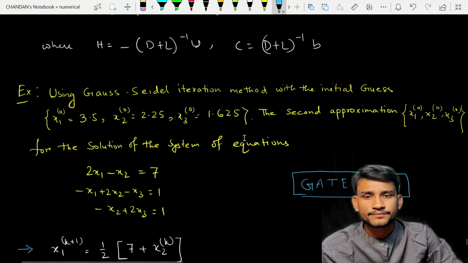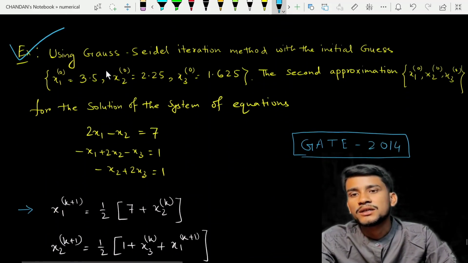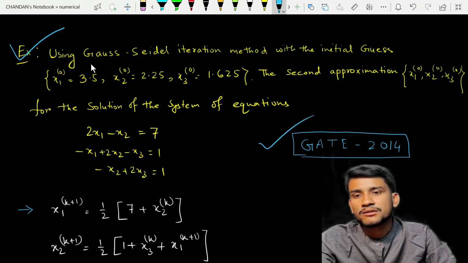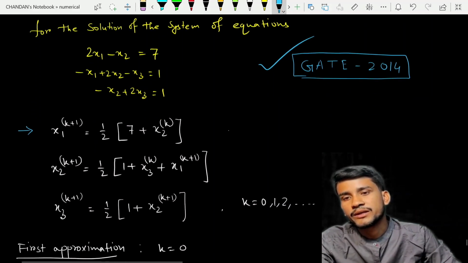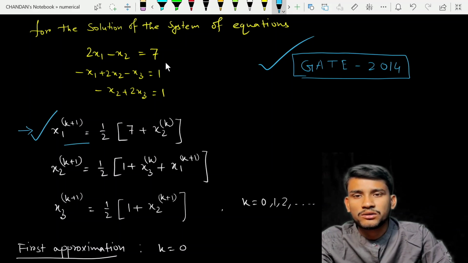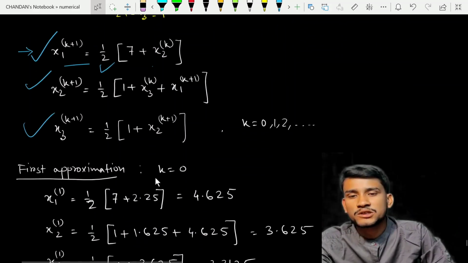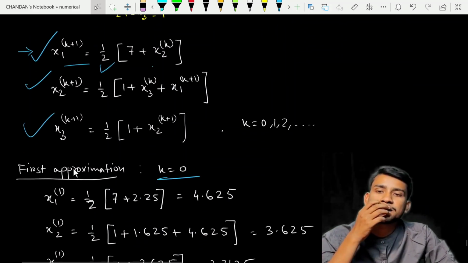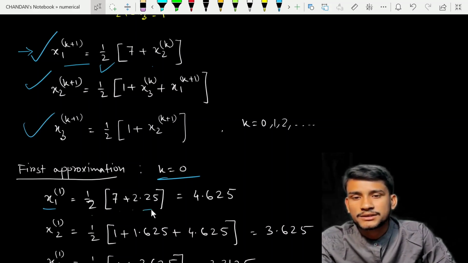If we see an example, we can easily understand this. This is a question from GATE. By using the Gauss Seidel method, the initial iteration is given. First we write the iteration scheme: x1^(k+1) equal to 1 by 2 into 7 plus x2.